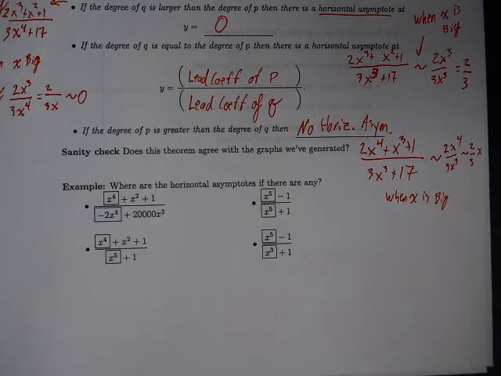So let's see, what's the degree of the numerator? What's the degree of the denominator? 4. So, of the 3 bullet points in that statement, which bullet point do we land in? The middle one, I guess? So there should be a horizontal asymptote at the ratio of the leading coefficients.